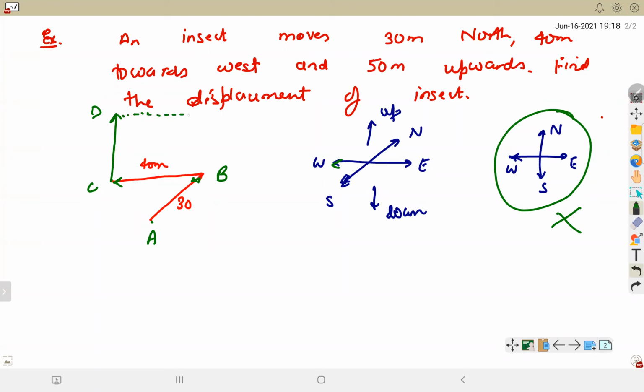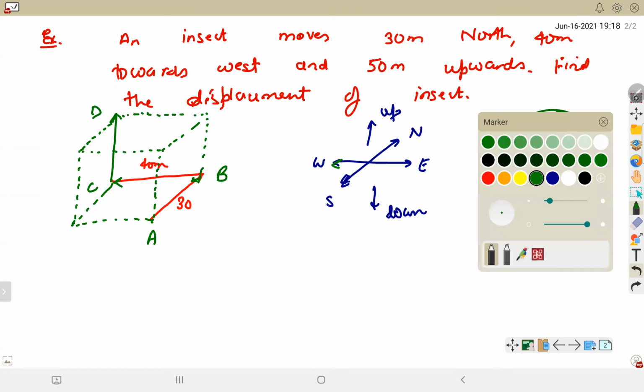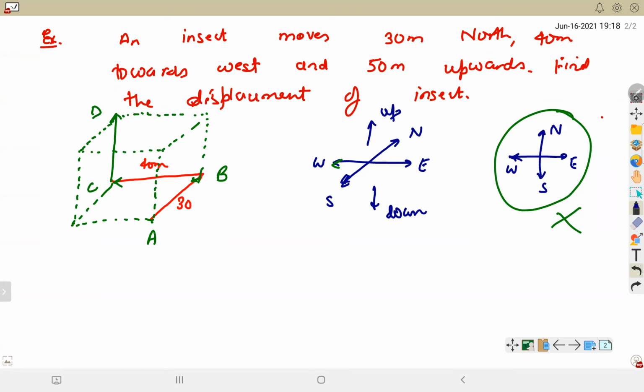If we make a cuboid out of this, because it will be the three perpendicular axes from A to D. If we join, this becomes displacement, which is the body diagonal.